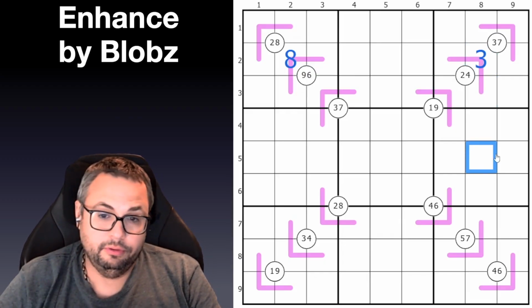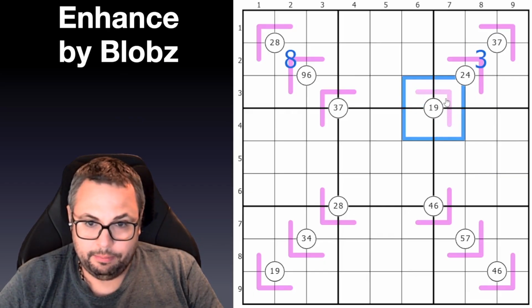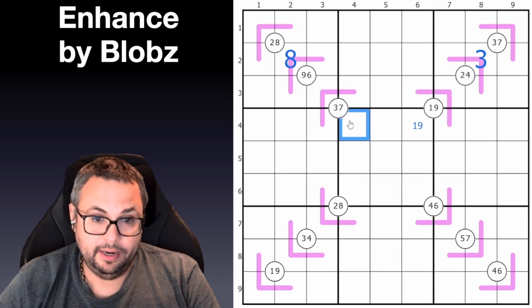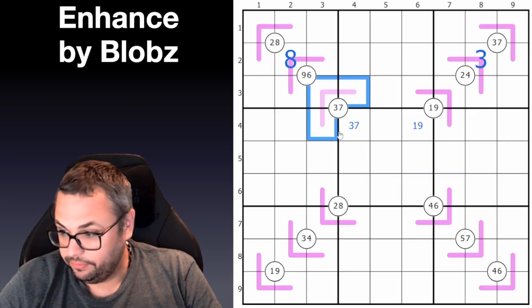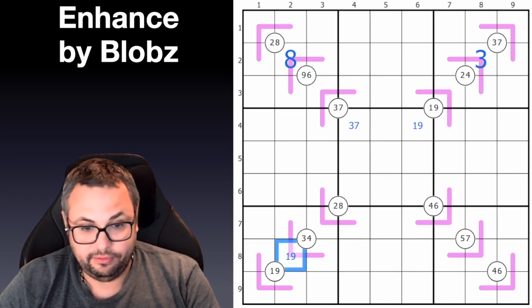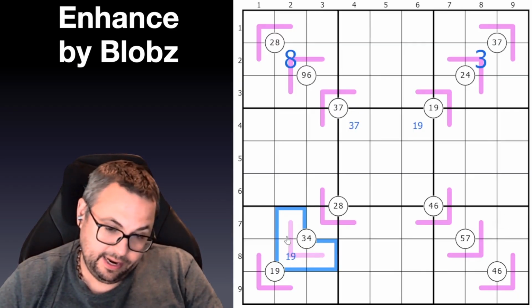Okay, so we've got a 2 and a 4 floating around here. I'm certainly not putting 1 and 9 on the same Renban, so this is always a 1 or a 9. Likewise, just like before, I'm not putting 3 and 7, so this is always a 3 or a 7. Okay, so 1 and 9 tell me that this is a 1 or a 9. But this 3-4 actually tells me the exact disposition.